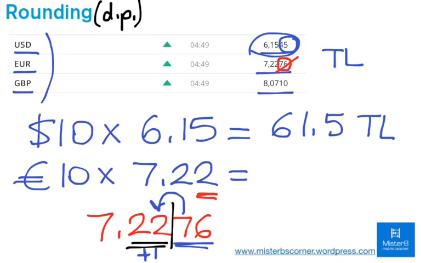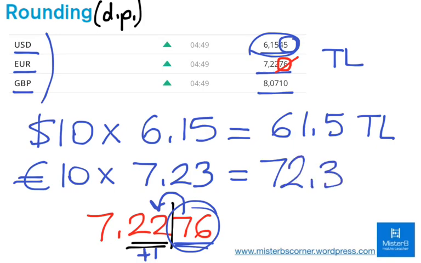So instead of writing 7.22, I would ask the person in charge to change it to 7.23, because this is too much to scrap. It's not going to be a big difference for my 10 euros, because I'm going to have 72.3 TL instead of 72.2. So it's 10 kurush more.